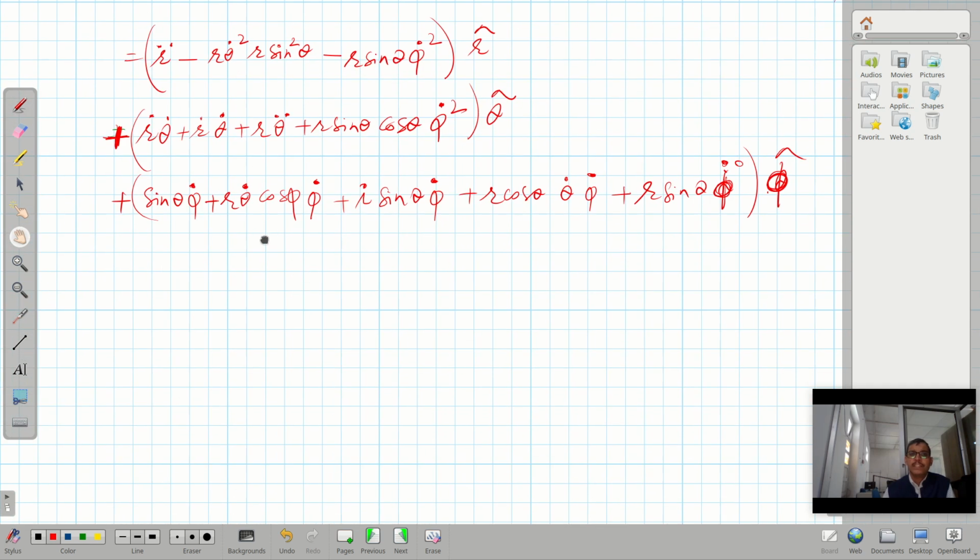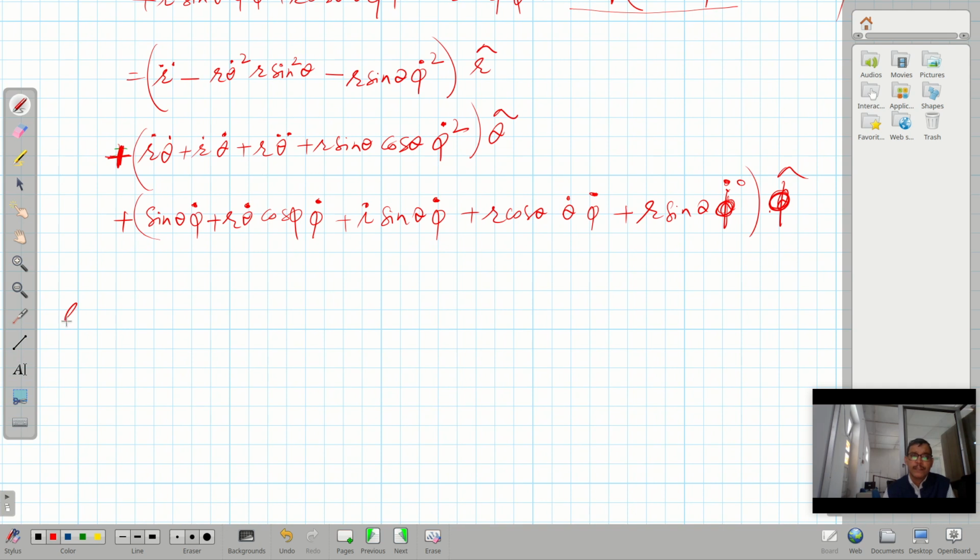When we rearrange these terms, acceleration is equal to r double dot minus r theta dot square. Sorry, this is not there, I mistook it, because I placed it here.